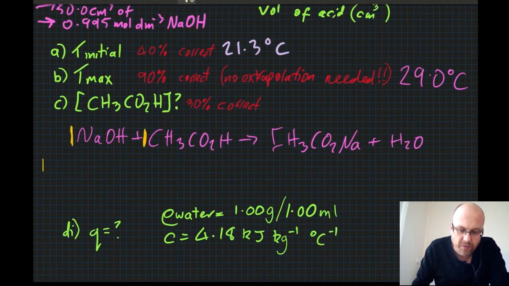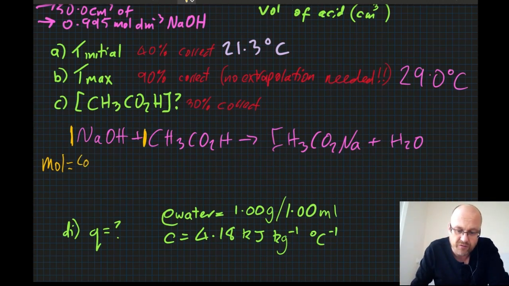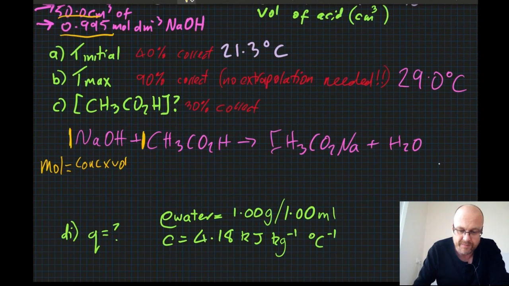So I can work out the moles of sodium hydroxide, and once I've done that, that's going to be the same as the moles of ethanoic acid. It's a 1-to-1 ratio. So moles is concentration times volume. I have the concentration and the volume up here. So that's going to be 0.995 multiplied by 50. Don't forget to divide by 1,000.